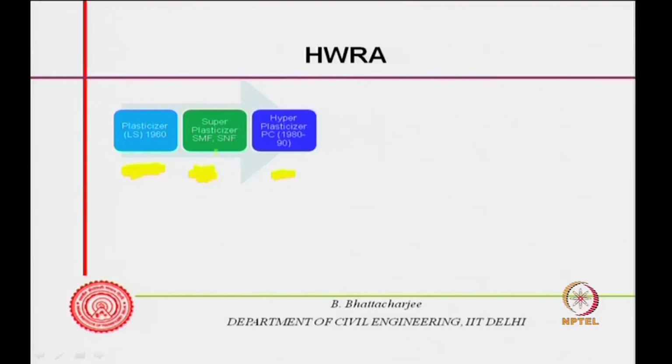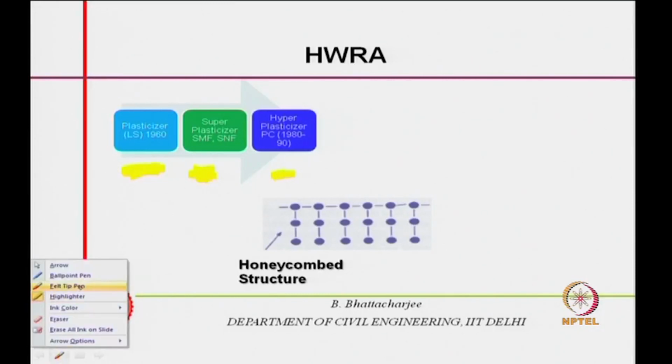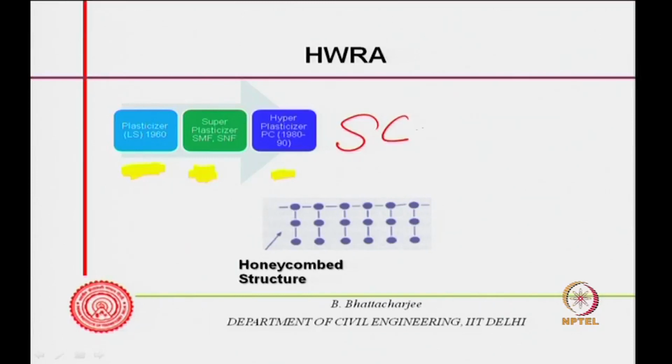Some modification through polymer modification occurred in between, and all this led to the honeycomb structure that could be obtained from this polycarboxylate ether type, and this is what led to SCC. This arrow shows that it led to SCC.